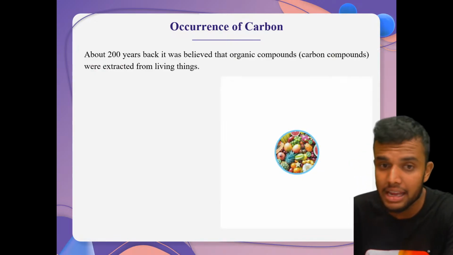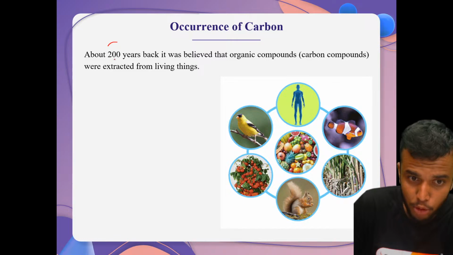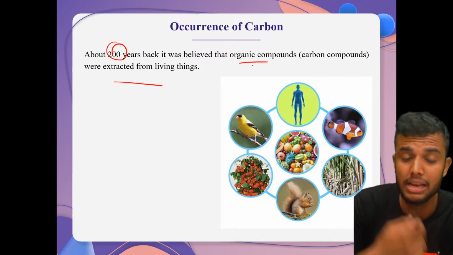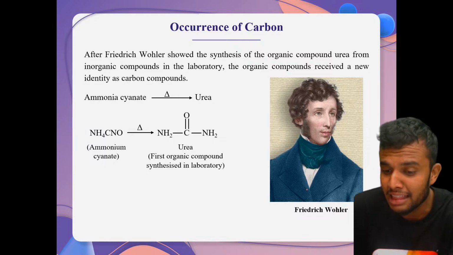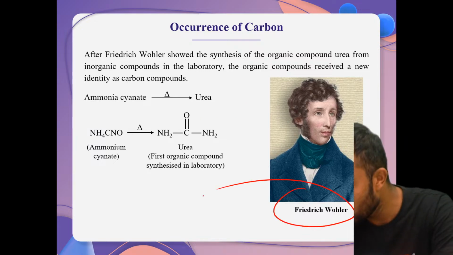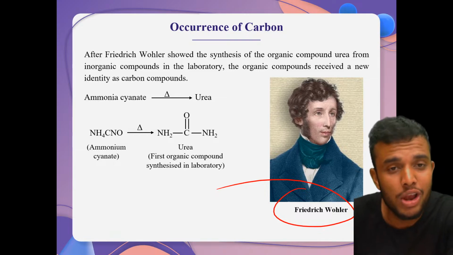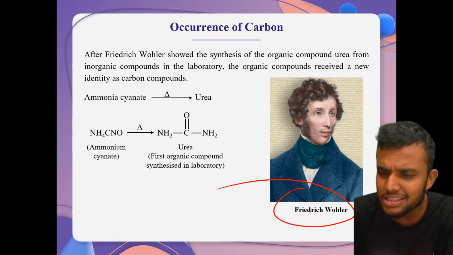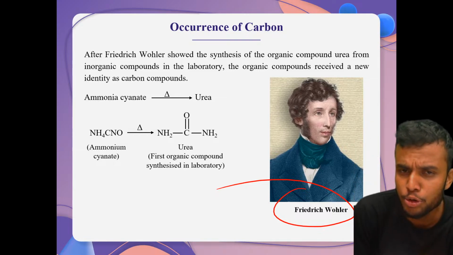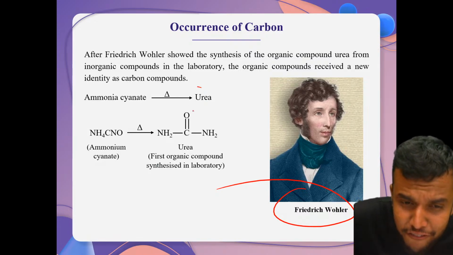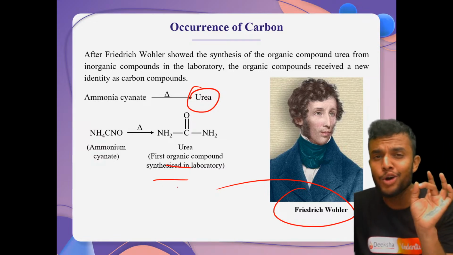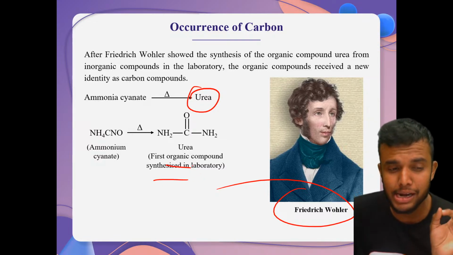Around 1840, one scientist came. His name is Friedrich Wöhler. What did he do? He simply prepared one organic compound called urea. This is the first ever organic compound synthesized in a laboratory.